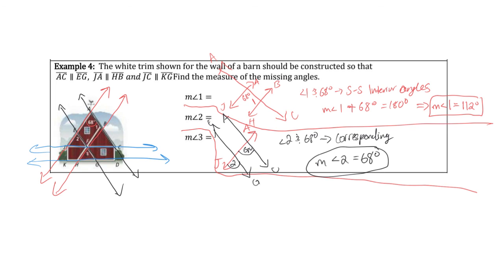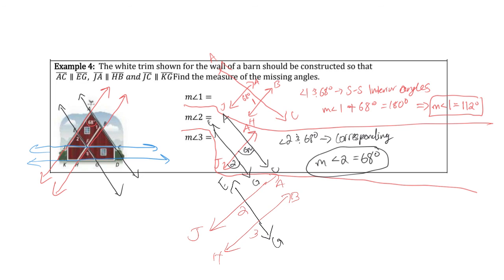Say I pull out EG, and then we have the two parallel lines AJ and BH, with angle 2 here and angle 3 here.